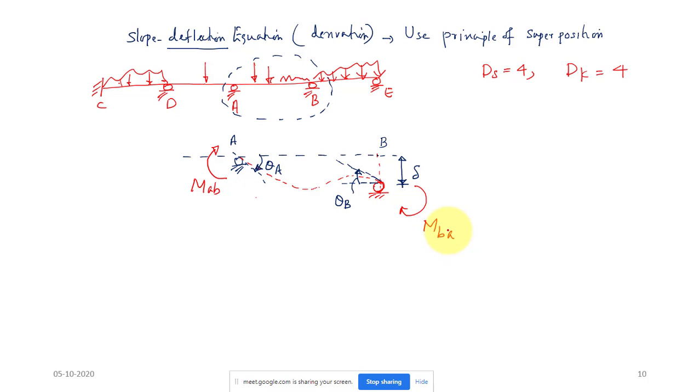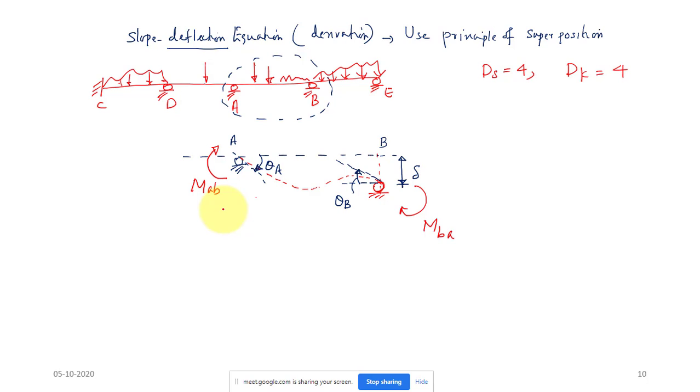So what we have: we started from here with a continuous beam, and now I am considering only this span AB to derive the relation between end moments and slope and deflection, that is, end moments and the degree of freedom of the structure. What are the possible degrees of freedom for a beam or a frame type of structure? We can have a translatory motion, a deflection, and we can have a rotation.